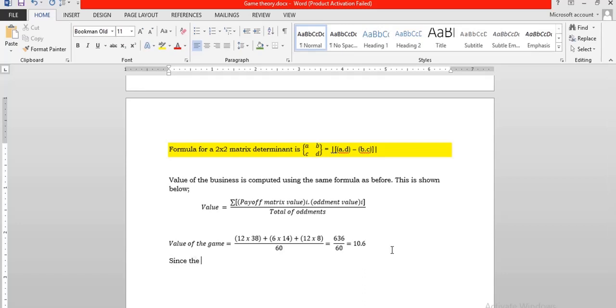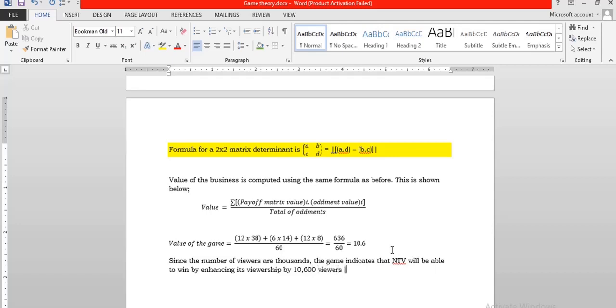Since the number of viewers are in thousands, the game indicates that NTV will be able to win by enhancing its viewership by 10,600 viewers.